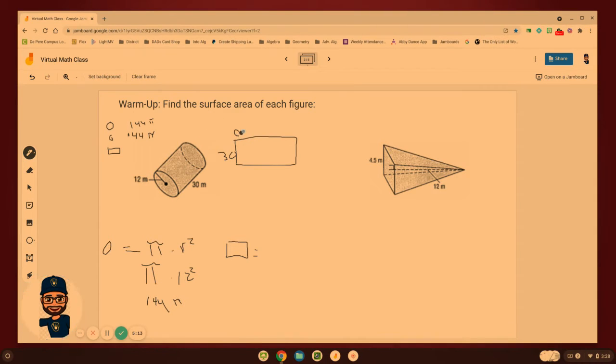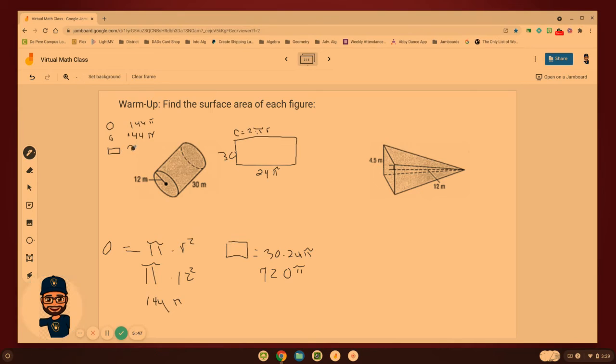So it's the circumference, or 2 pi r. 2 times pi times r, which means 2 times pi times 12, or 24 pi. So a cylinder's a little trickier, which means the area here is base times height, or 30 times 24 pi. 3 times 24 is 72, so 720 pi is my rectangle.